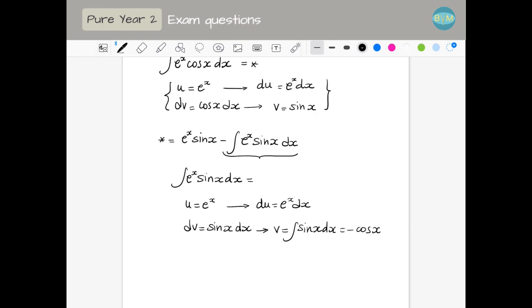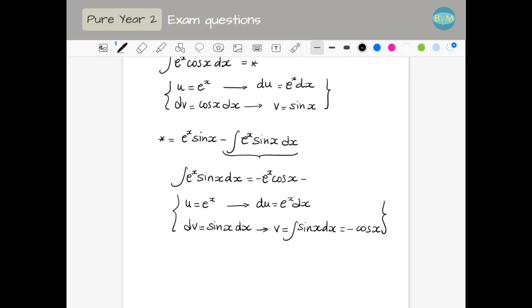And I substitute in the formula. So if I go back here, using this in the formula, uv is minus e to the power of x cos x, and minus the integral of v du.